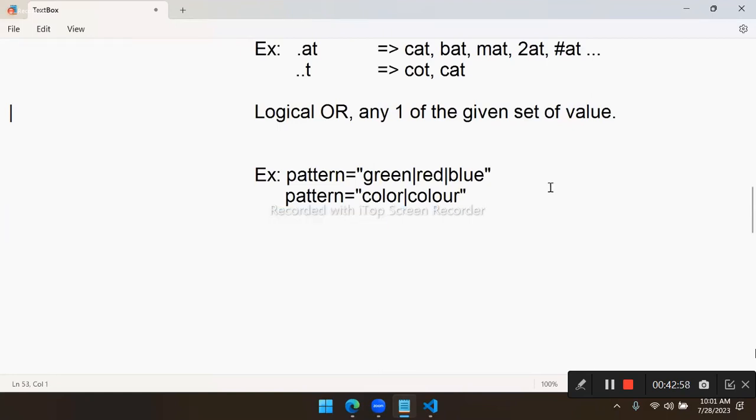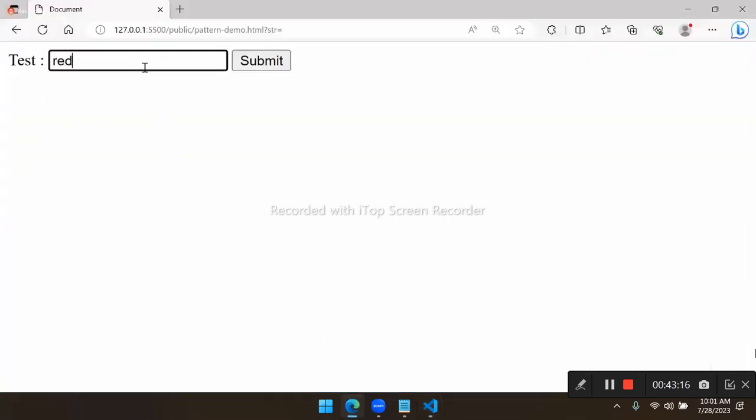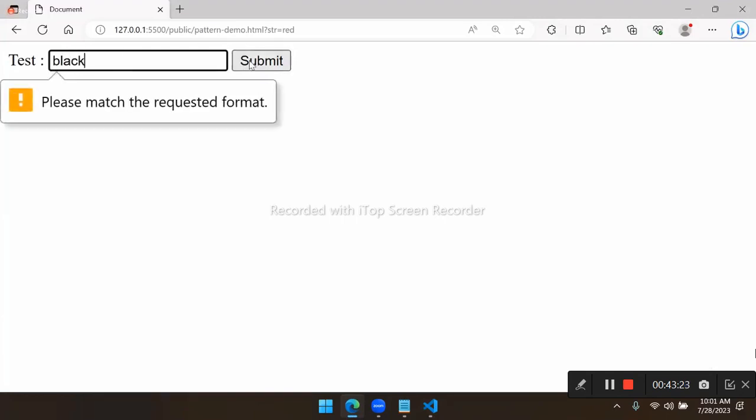This is the logical or, how you configure. Let's see. Here I am writing the option like this. Suppose I am writing red pipe, green pipe, blue. And you see now here I am writing the color red. It is valid. I am writing black and it is not valid.